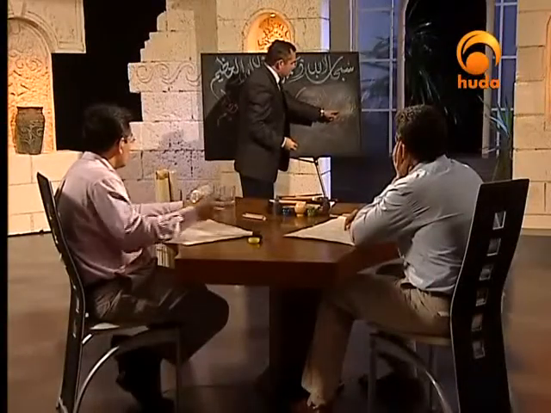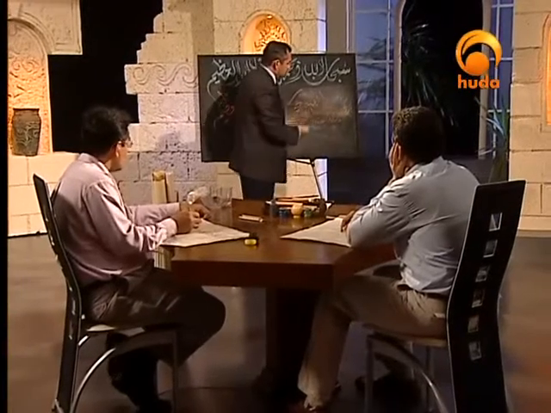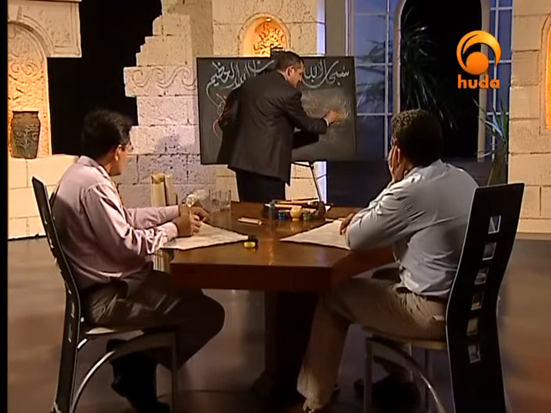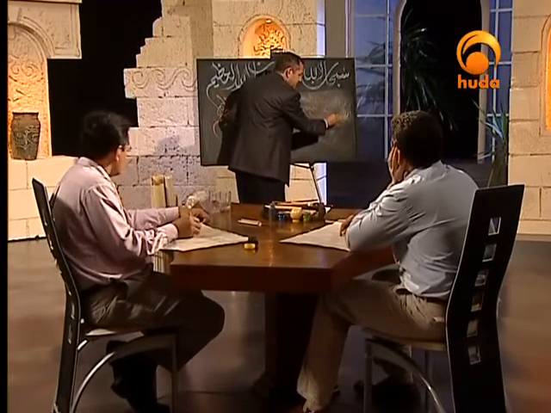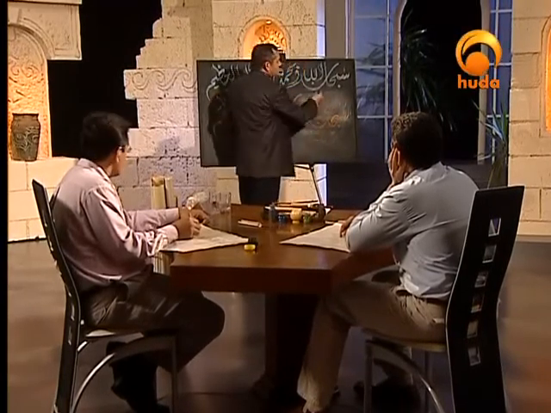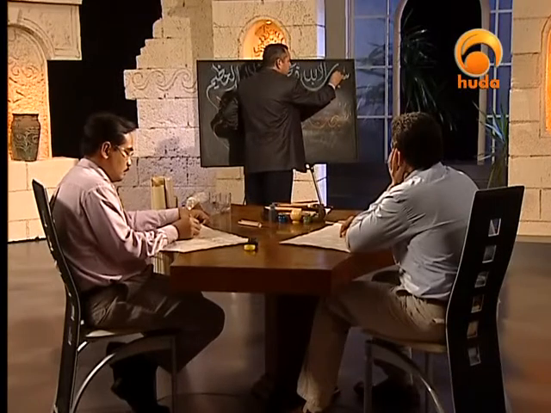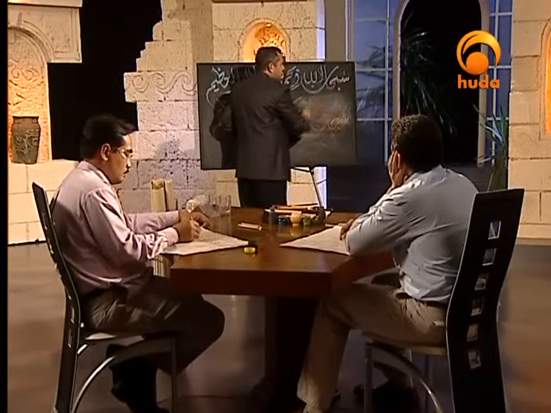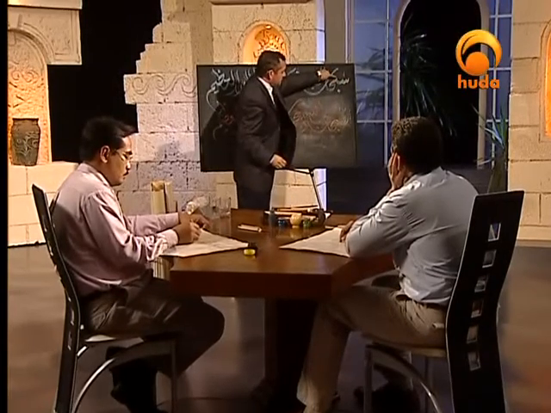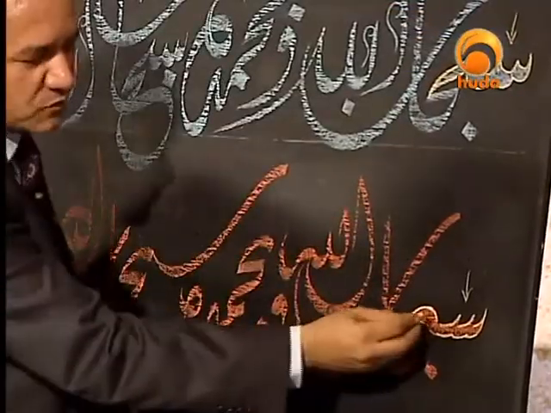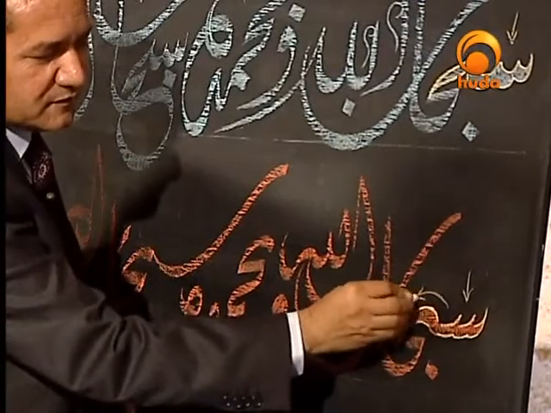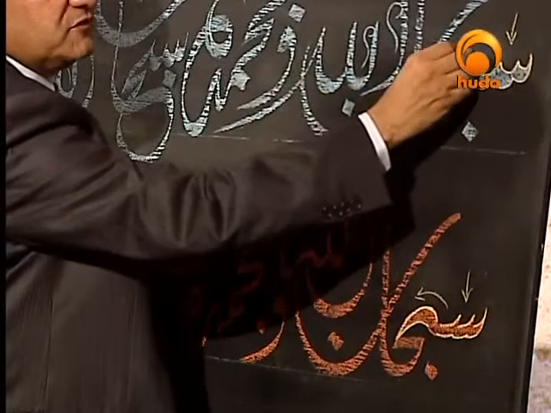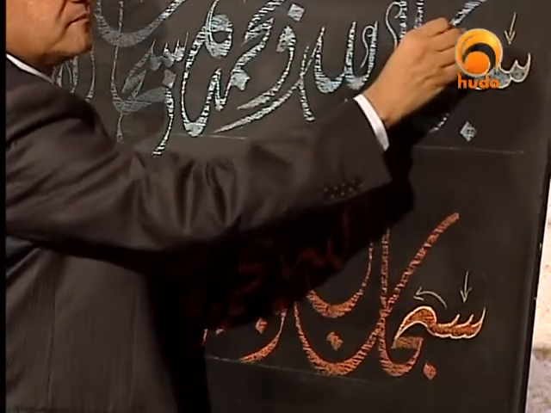This is the curve of ba after sin, I can see it comes like this. Although the same ba is coming the other way with a sharp edge from here, it has a very smooth curve from the top, but from the top a sharp edge going up.